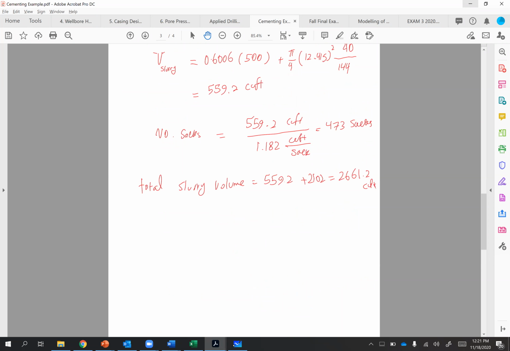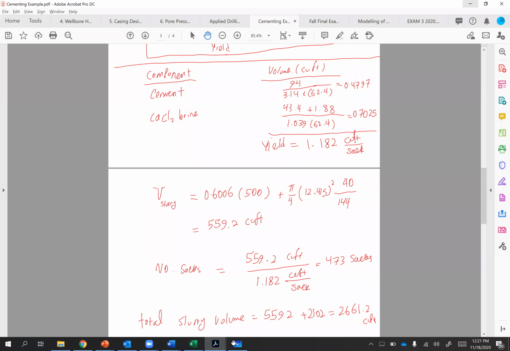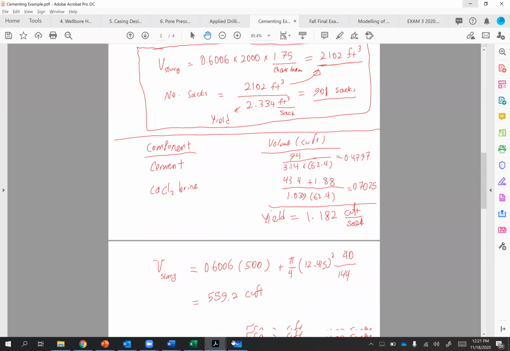But overall, in terms of class A cement, you can also calculate how many sacks of that cement you would need. So the total number of cement sacks is equal to 473, which is for the second part, and 901.